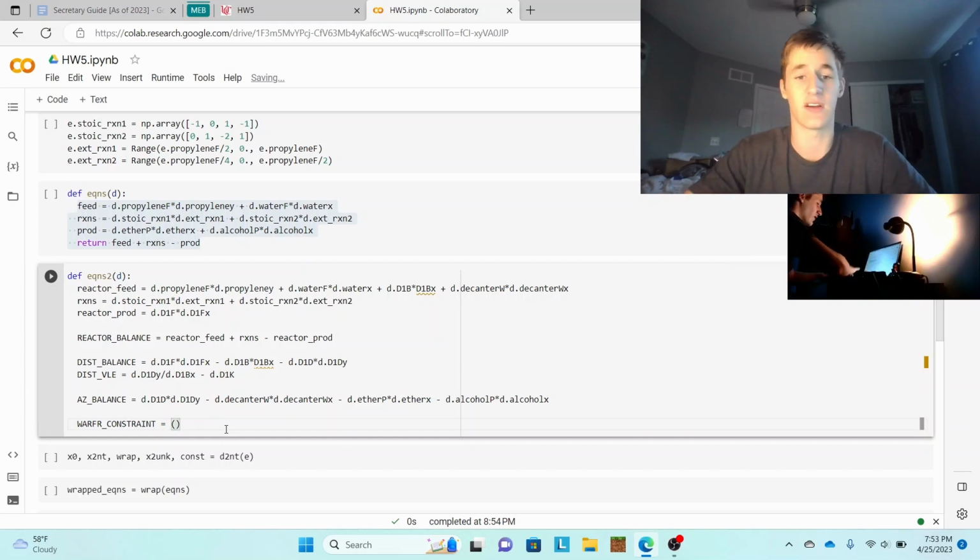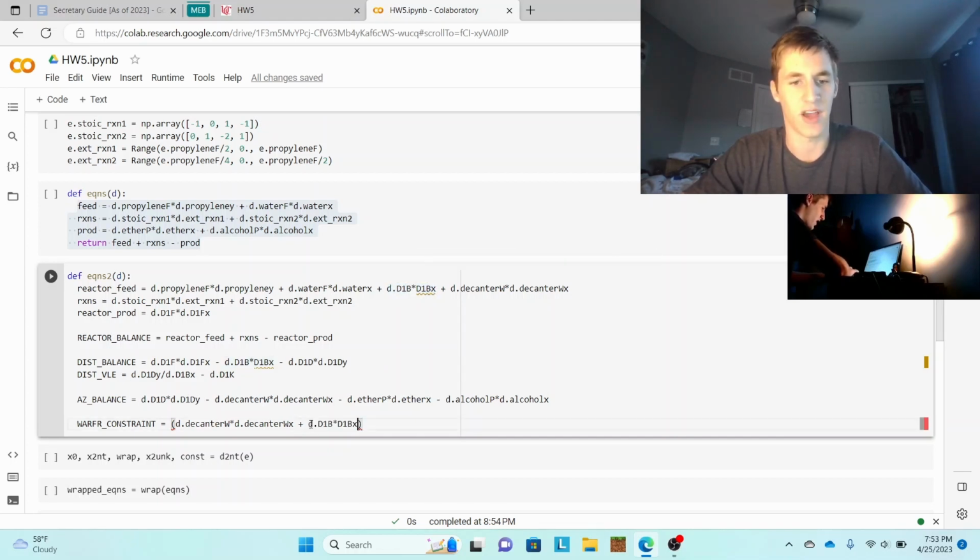Right? So we're going to take all of our water inputs, so our decanter, plus our, I guess I could have done those together, but our distillate bottom output, plus our water feed. And I want to go ahead and remove these mole fractions here, right?